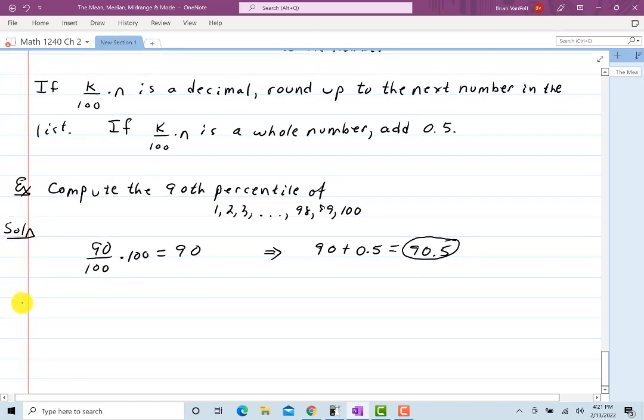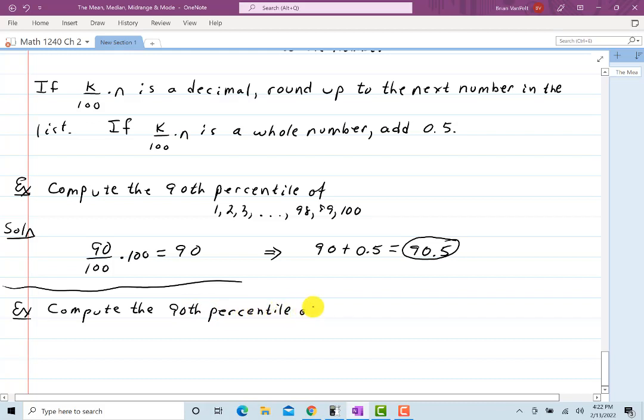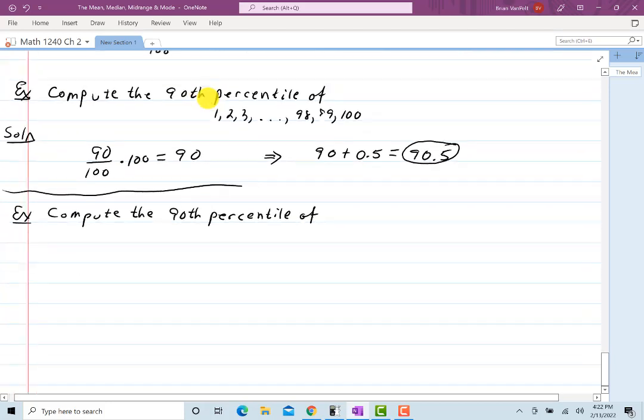If we do a similar example, compute the 90th percentile of 1, 2, 3, ... 8, 9, 10.